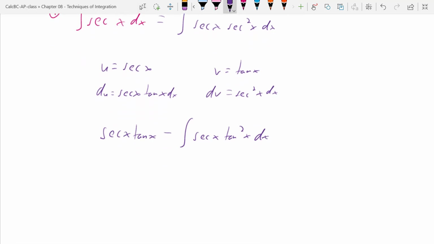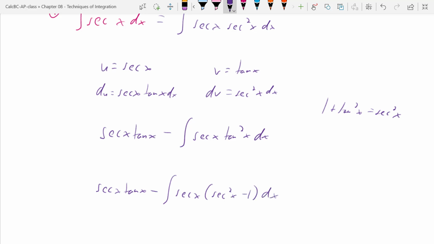Well, let's keep going. Secant x tangent x minus, and I could try a U-substitution here again, but why don't we get everything in terms of secants first? Because I know that 1 plus tangent squared x equals secant squared x. So I can convert tangents into secants, and if I do that, I get secant squared x minus 1 dx.